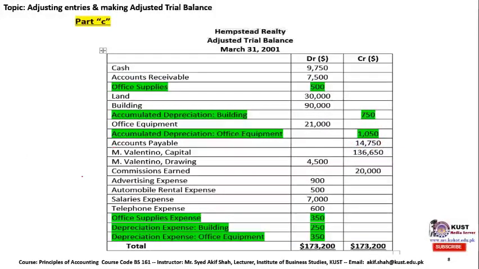The nominal accounts required to be closed down are the revenue of this time period and all expenses of the time period, along with any dividend or withdrawing by the owner.